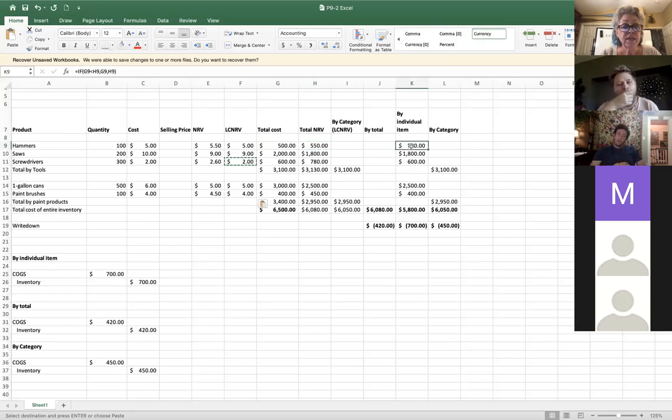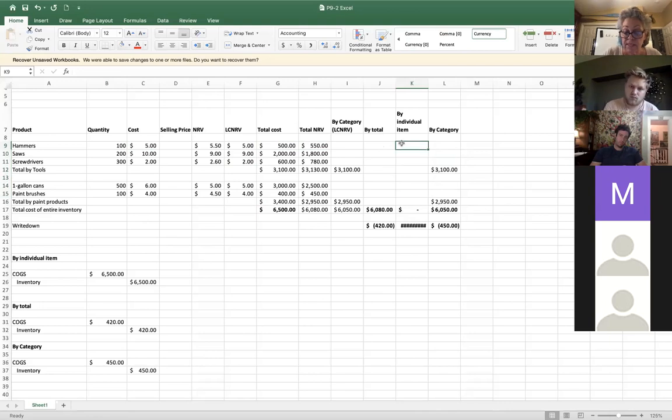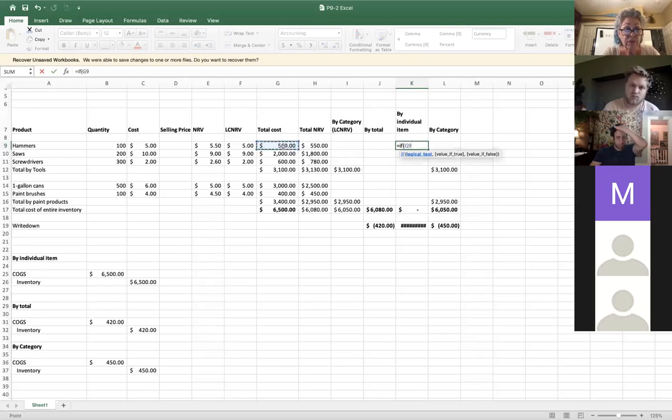So then I just did an if statement again, because remember, what's reported on the balance sheet is quantity times cost. I wrote an if statement that said, if cost by individual item, notice I'm doing it at the individual item layer, if cost is less than NRV, then I want cost.